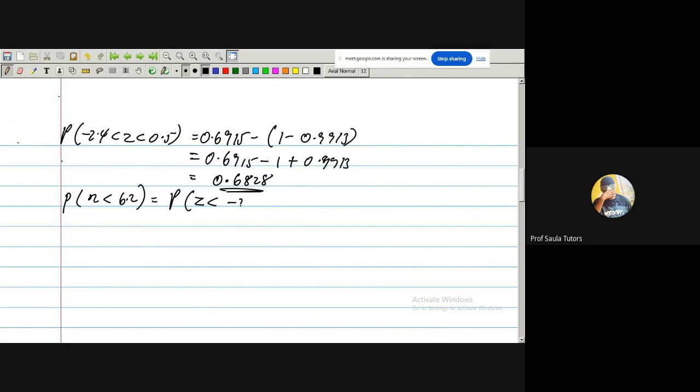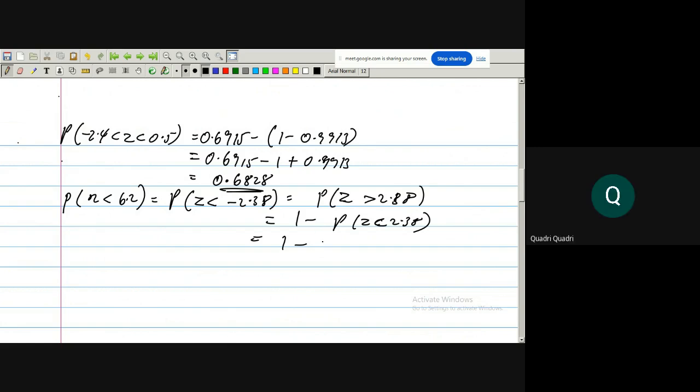So this is the probability of z greater than 2.38, so 1 minus the probability of z less than 2.38. What does 2.38 give us? 0.9913. So what's our final answer? Are you sure? Yes.